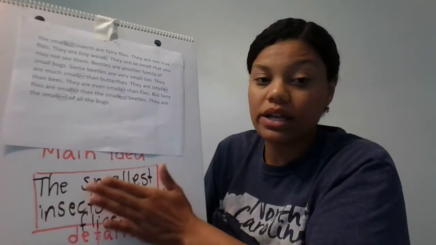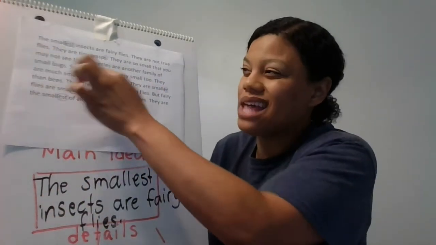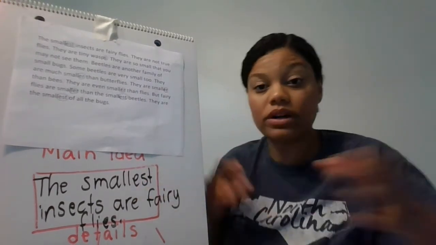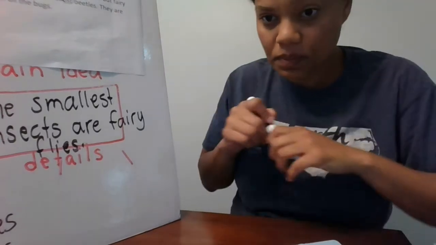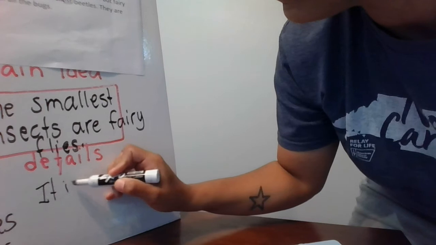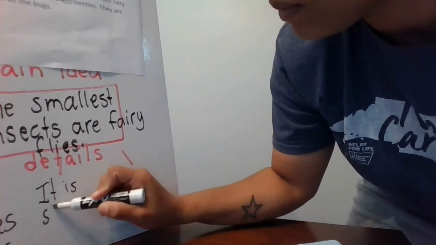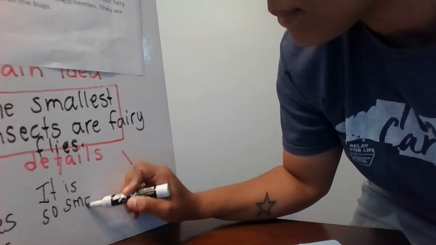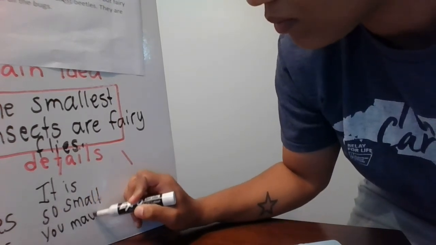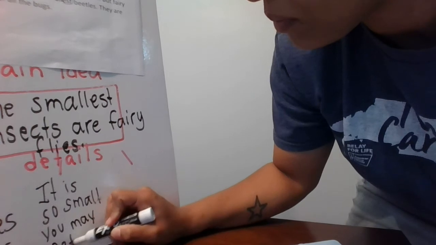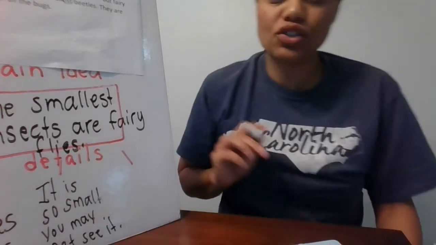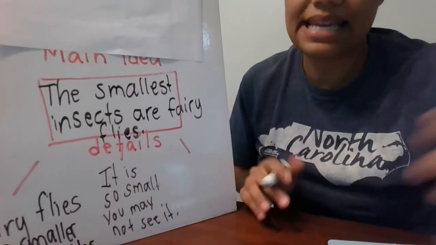Now, if I'm talking about it being the smallest insect, I think that example of it's so small I might not see it, that's a good detail to support it being the smallest insect. Okay, so it is so small you may not see it.